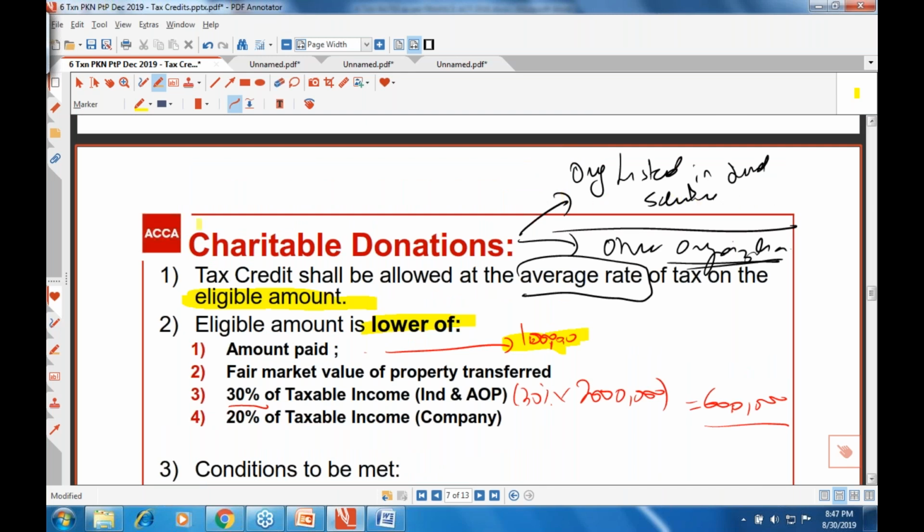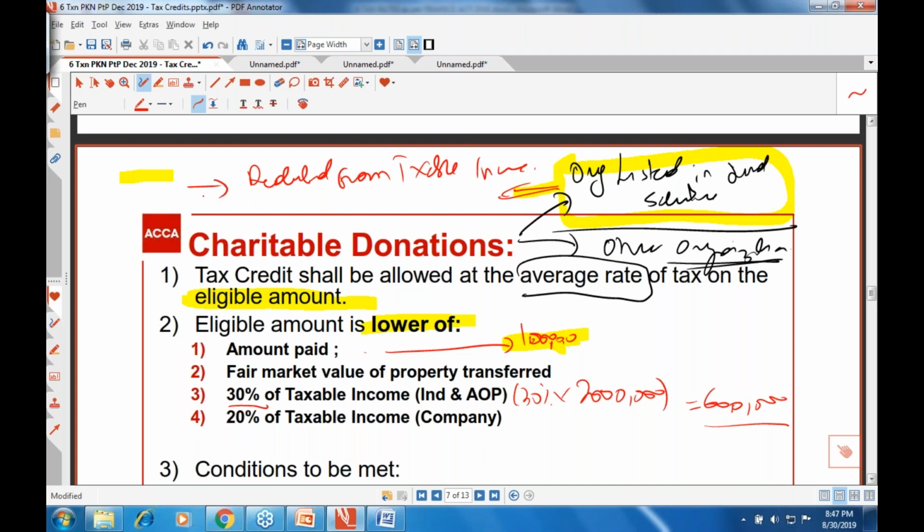So basically, if you pay a donation to an organization which is actually listed under the second schedule, then such donations are deducted directly from the taxable income. What happens with them? They're deducted directly from the taxable income. You don't get tax credits for them. You don't have to claim tax credits. You get a direct deduction on them.